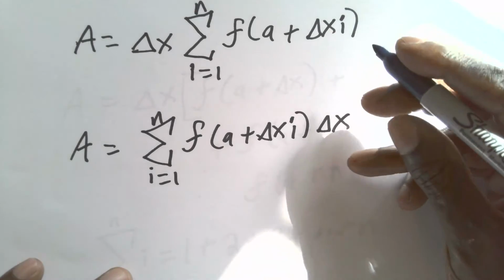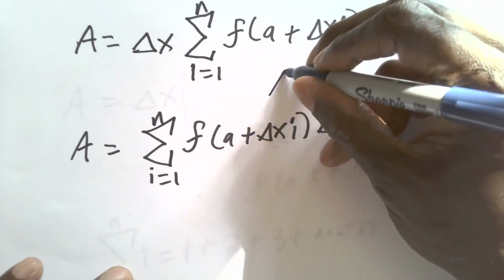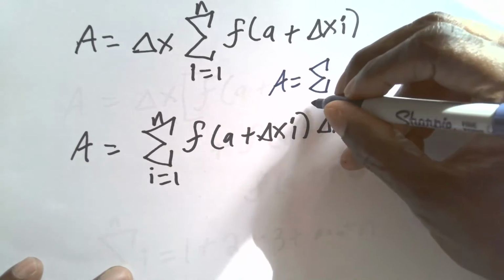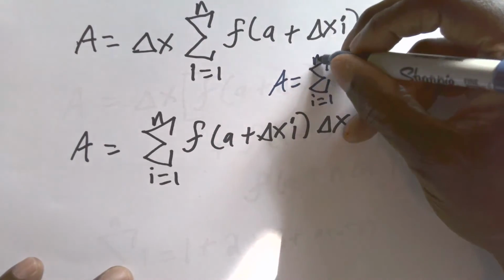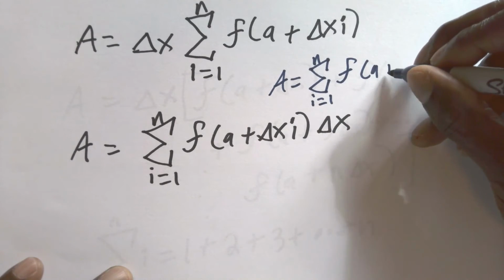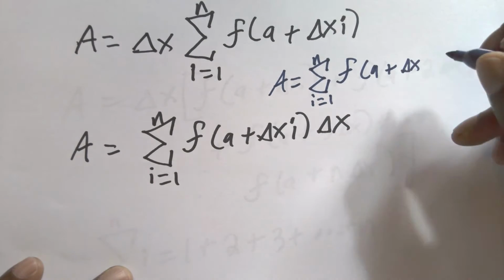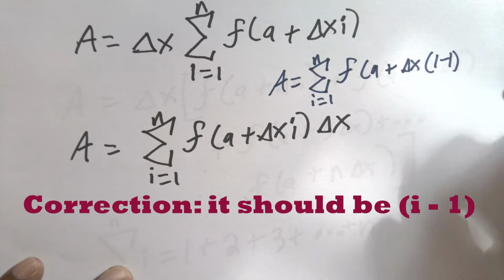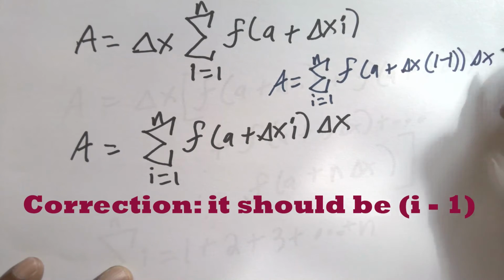But for a left Riemann sum, the only difference would be, we would take the sigma as i goes from 1 to n of f of a plus delta x times 1 minus i, delta x. So hopefully you can see that.